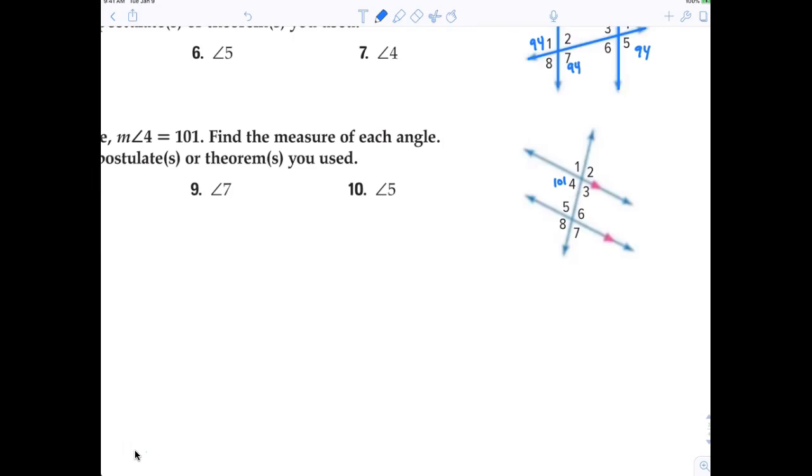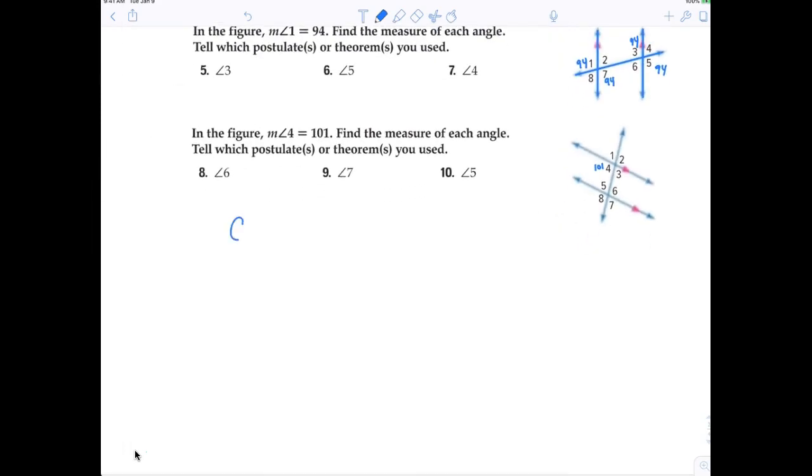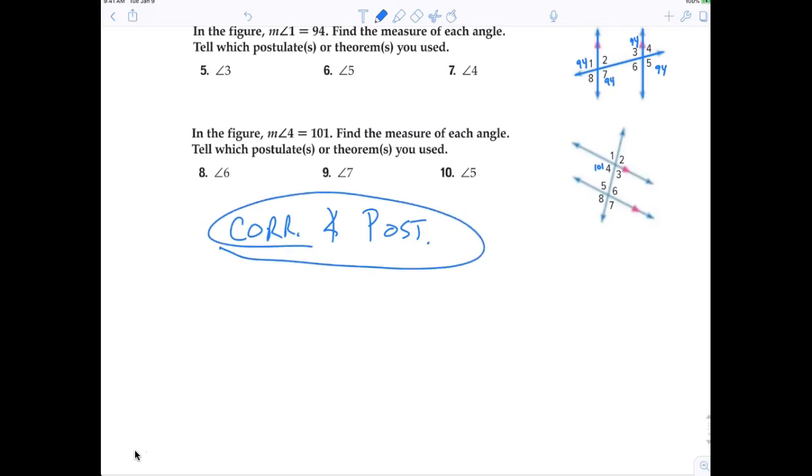The one that you have to accept as true is the what? Corresponding angle postulate. All right, hold on a minute. The corresponding angle postulate. I'm trying to make that clear. Now, what made it upsetting to me was that there was no way to prove that the corresponding angles are congruent.